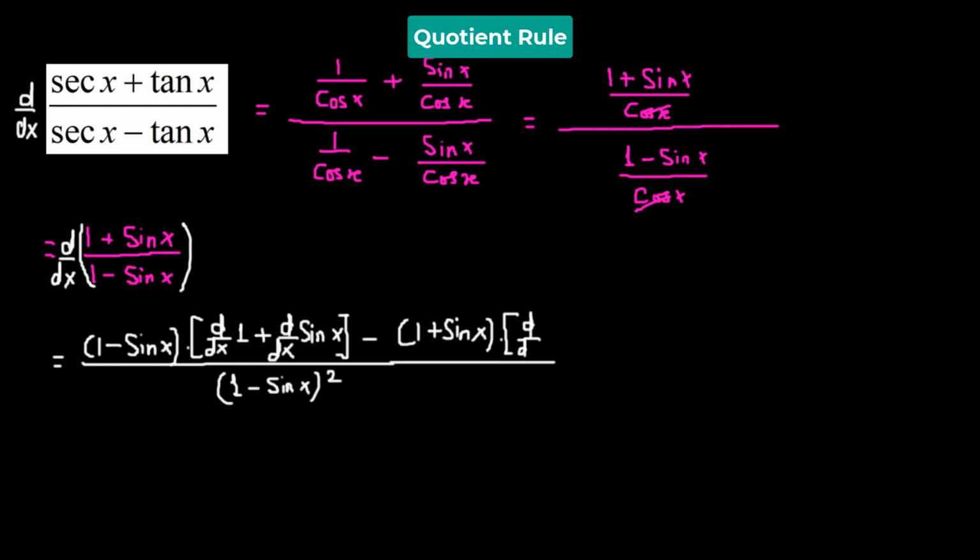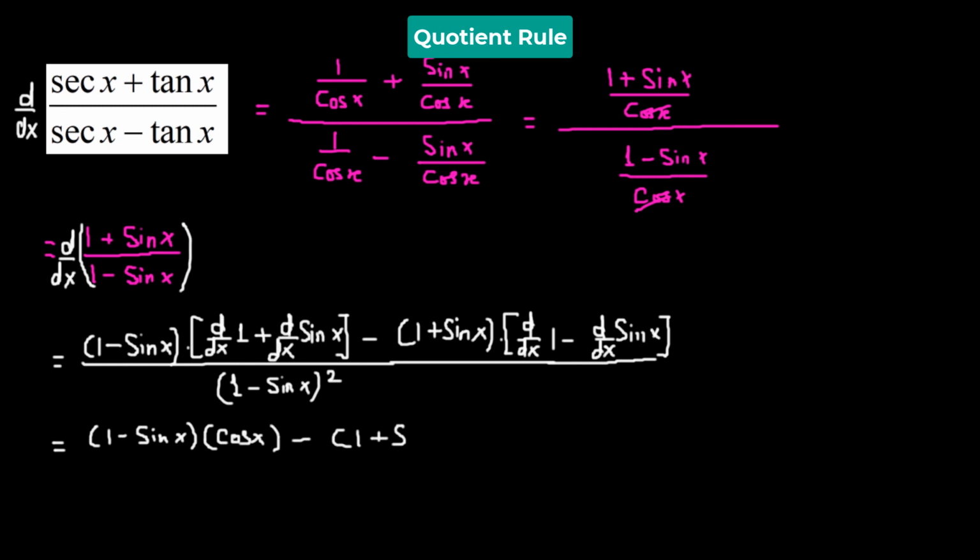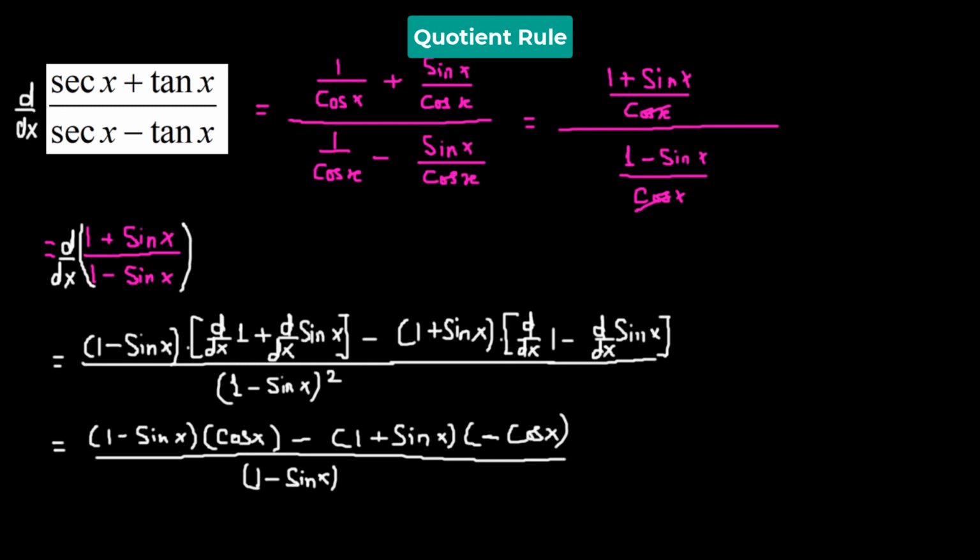So we have the derivative of 1 minus the derivative of the sine function, which will be equal to 1 minus sine x multiplied by the derivative of 1, which is 0, plus the derivative of the sine function, which is cosine of x, minus 1 plus sine of x multiplied by the derivative of 1, which is 0, minus the derivative of sine x, which is cosine of x, whole divided by 1 minus sine of x whole squared.